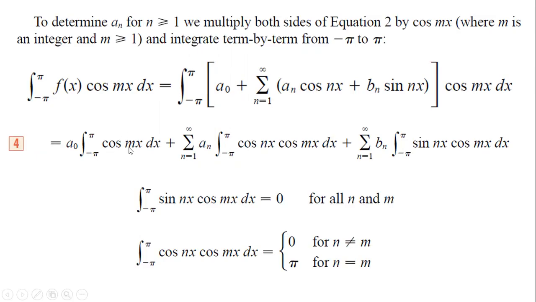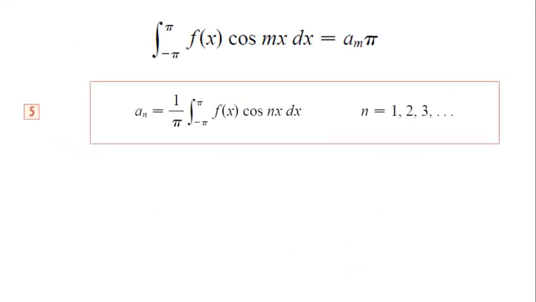So this turns out, of course, to be equal to 0, no? Yung the integral of cosine mx dx from negative pi to pi. So this is similar to the integral of cosine nx dx, okay, that we evaluated from the previous slide. So yung formula natin for a sub n is 1 over pi times the integral of f of x cosine nx dx, okay, from negative pi to pi.